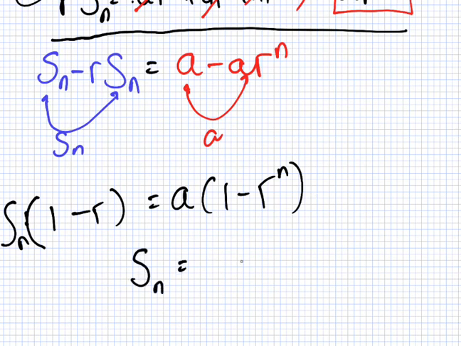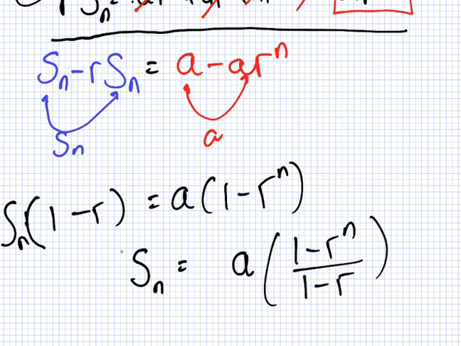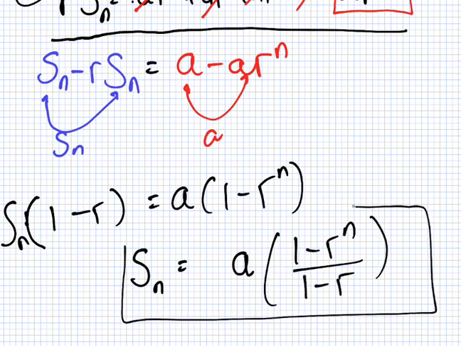Sn is a(1 minus r to the n) over 1 minus r. That's the formula for the sum. I'm sure some people have seen this formula before, from high school? There's only one thing I need to say here: r does not equal 1.